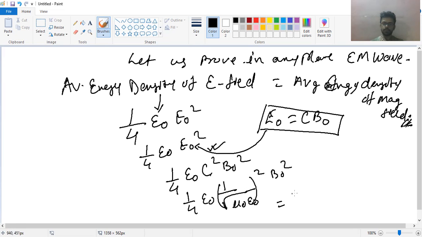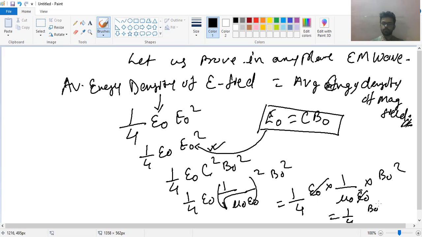Just open the under root, do the square, and you will get the answer. 1 by 4 epsilon naught into 1 by epsilon naught into mu naught into B naught square. Here epsilon naught is cancelled, so it is equal to 1 by 4 B naught square by mu naught.